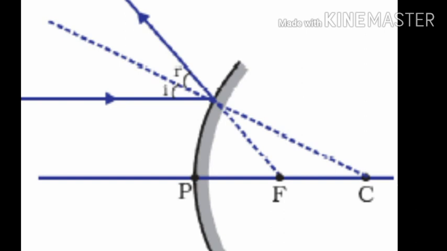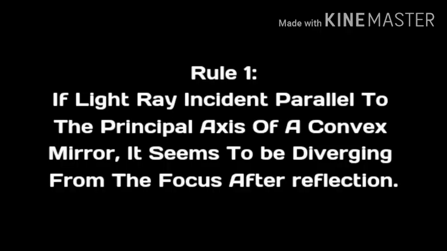We already mentioned that the convex mirror is a diverging mirror because light rays diverge in different directions, and if the incident light ray is parallel to the principal axis, after reflection it seems to be diverging from the focus.